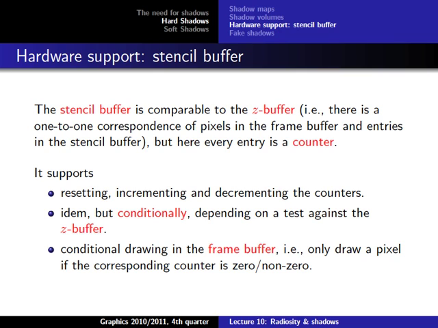There is also hardware support for it, of course, and it is comparable to a Z buffer insofar as we have, again, basically just an image, another array of pixels, same as in the frame buffer and in the Z buffer. Only this time we don't fill it with, for example, Z values, but we fill it with a counter, and you can imagine this is the counter that counts how many faces you were crossing so far.